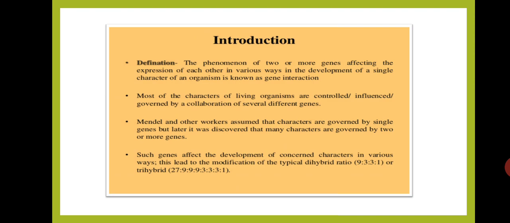So genes affect the development of concerned characters in various ways. This led to the modifications of the typical dihybrid ratio 9:3:3:1 or trihybrid 27:9:9:9:3:3:3:1.